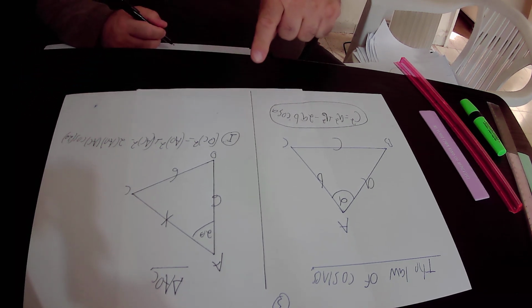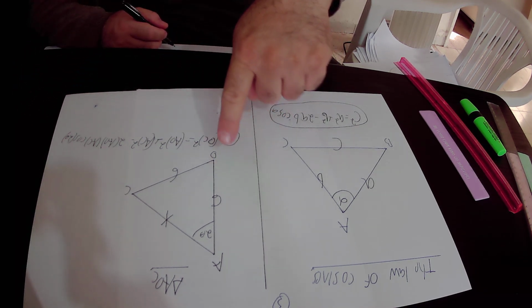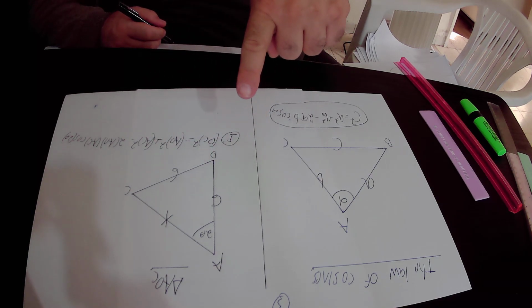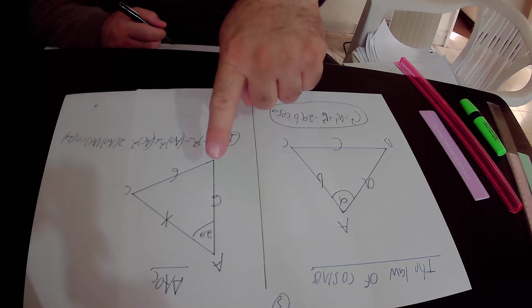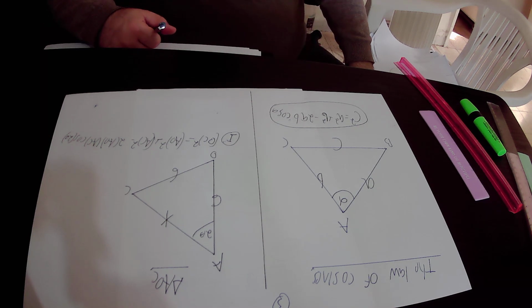I repeat again, OC squared equals AO squared plus AC squared minus 2 times AO times AC times cosine 2 theta. Okay?